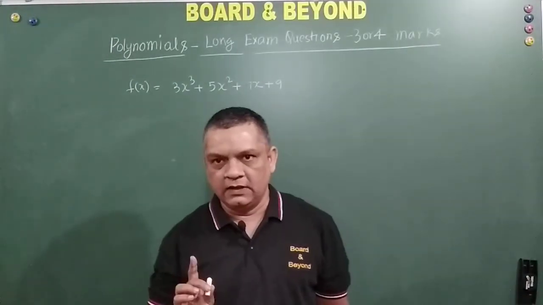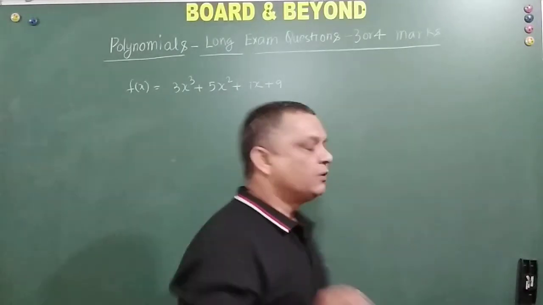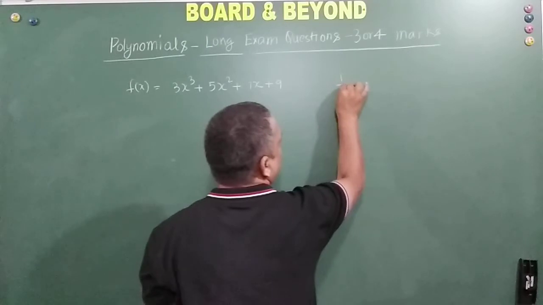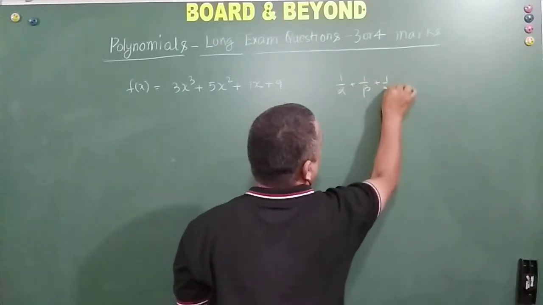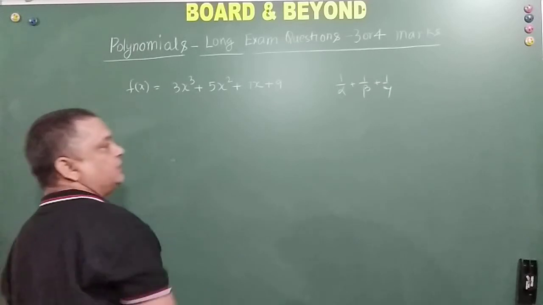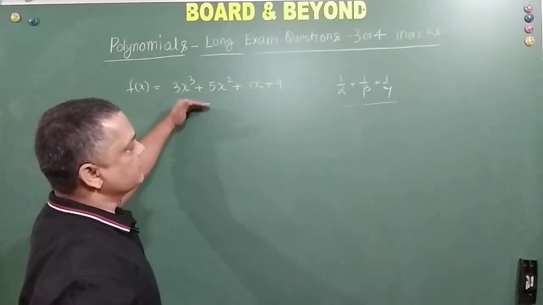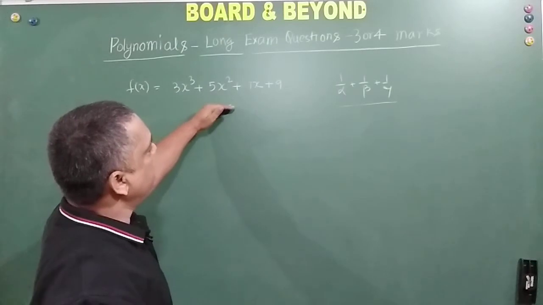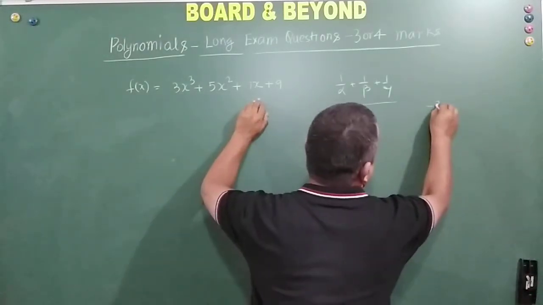So the sum of the reciprocal of the roots is nothing but 1 by alpha plus 1 by beta plus 1 by gamma. Now, looking at this equation, what I can write here is that the answer will be minus 7 by 9.